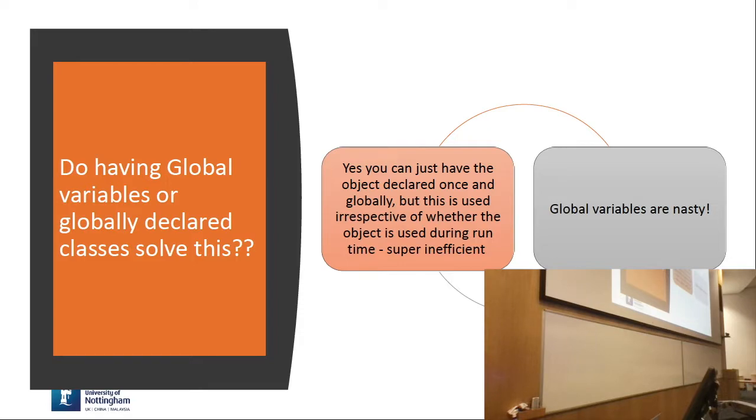So Emily said a few things, but the thing that I liked the most was that anyone can access a global variable or a static method. Imagine you have a piece of software with 1,000 classes or 1,000 objects. Do you really want all 1,000 objects to be able to access that database, for example?